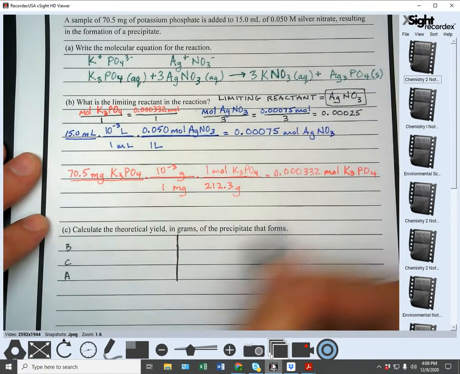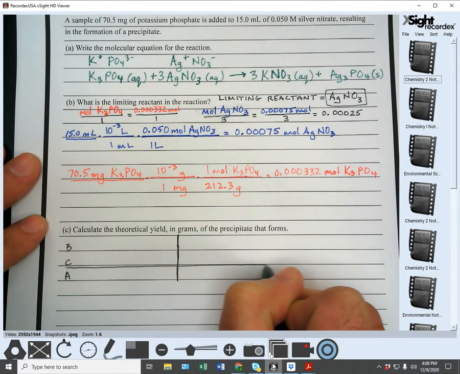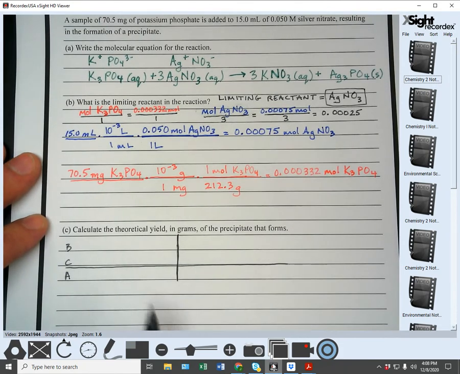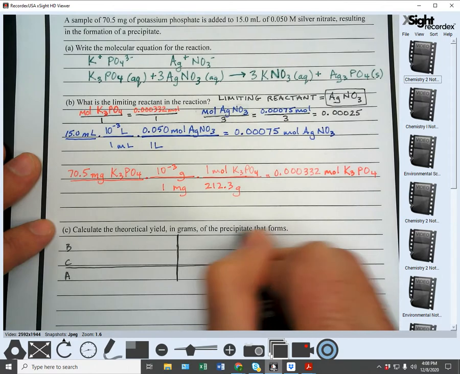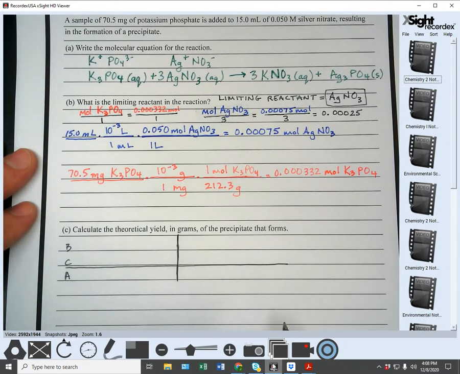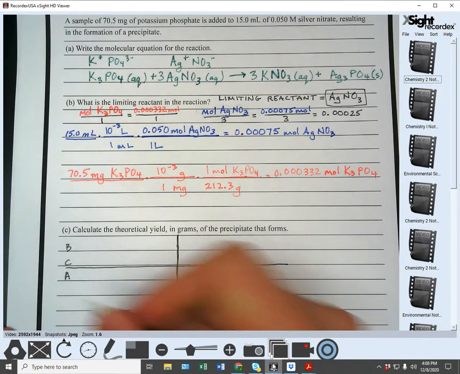So all we're really looking for is the grams of the theoretical yield of the precipitate. So the precipitate that forms, right, is, I'll try to use a slightly different color maybe, a lighter shade of blue. Actually, let's see, hold on, test out here.